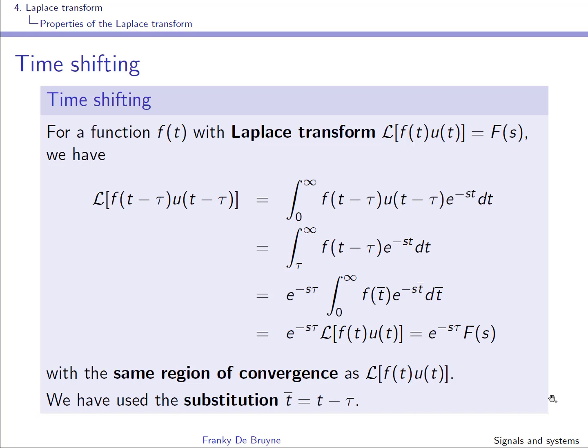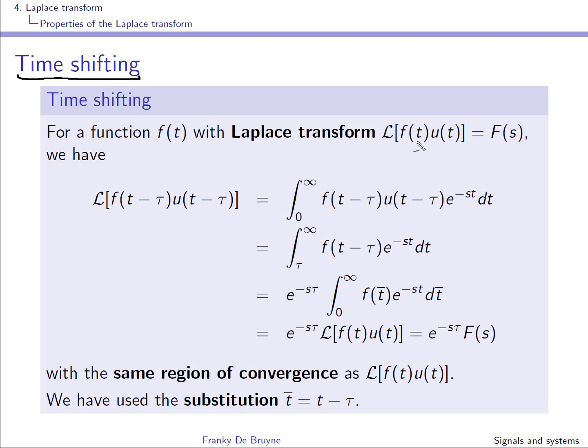You've seen that in this table of Laplace transforms there is a third column, and this third column corresponds to Laplace transforms that have been obtained using a second very important property, which is the property of time shifting.